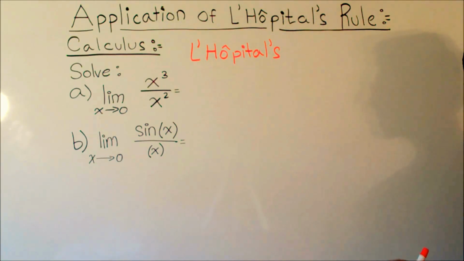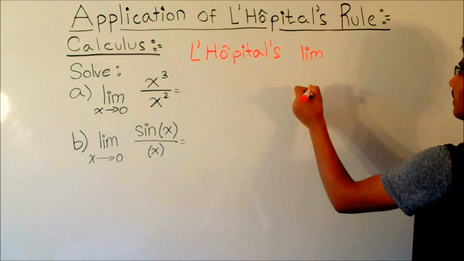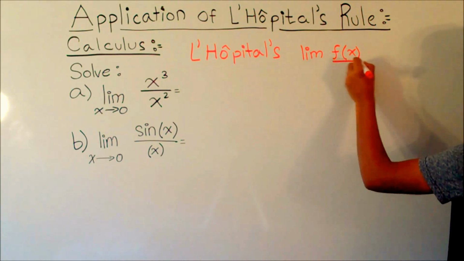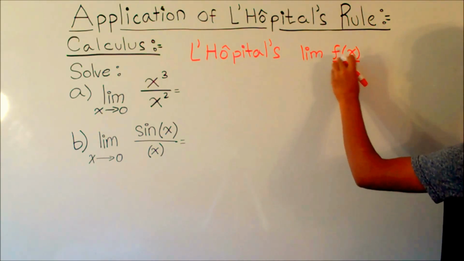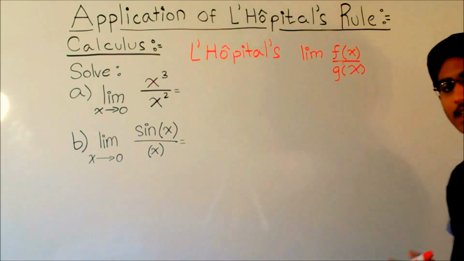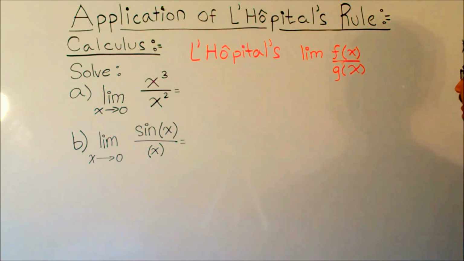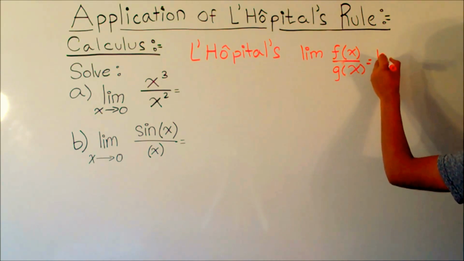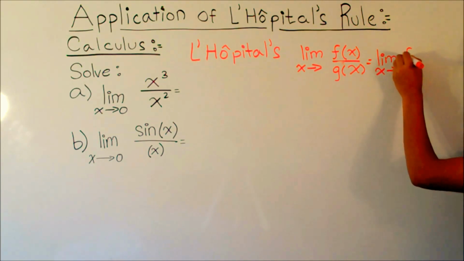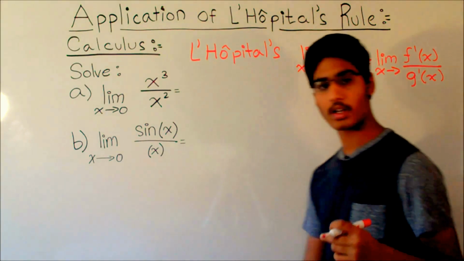If any of those three conditions happen, then the limit is equal to the limit as x approaches that value of f prime of x over g prime of x. So that's what L'Hopital's rule is.